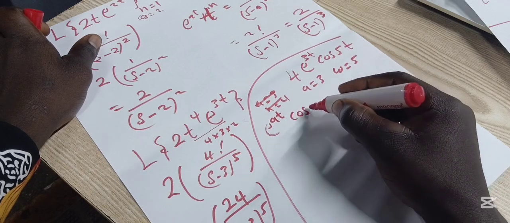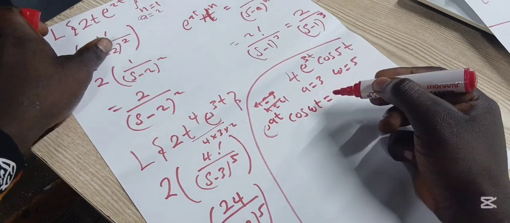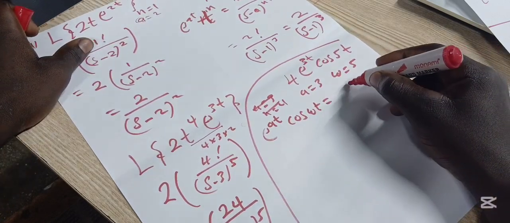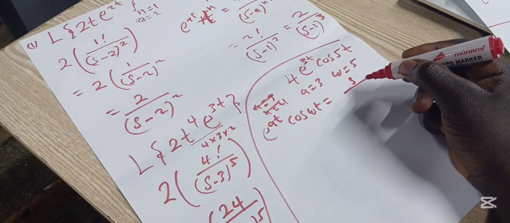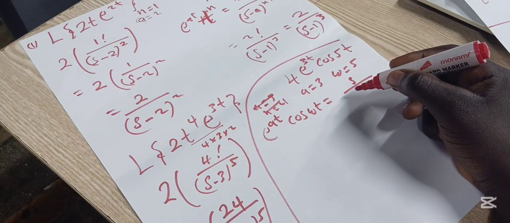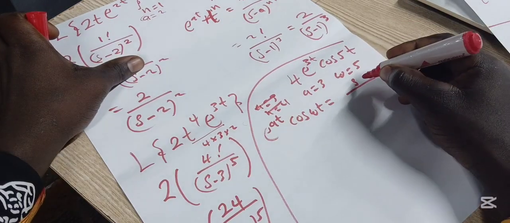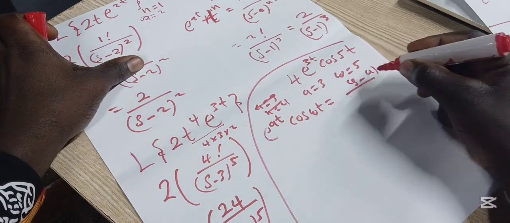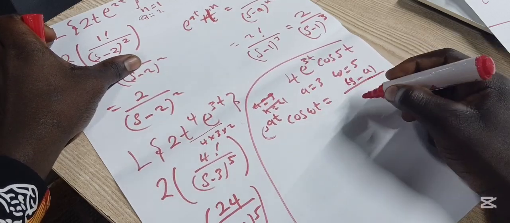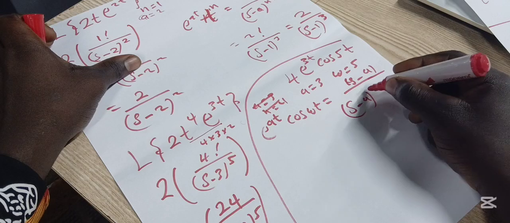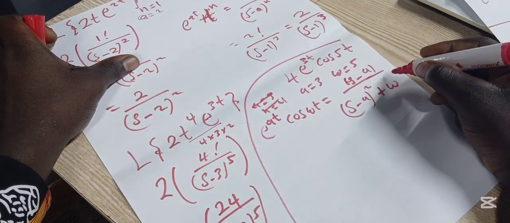cos wt is going to give us s minus a over s minus a squared plus w squared.